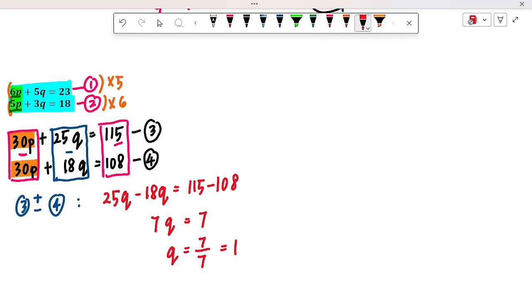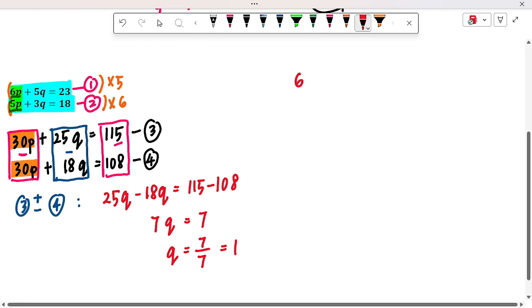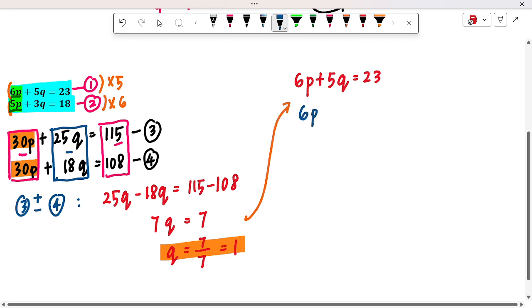So let's say we are taking equation number 1, 6p plus 5q equivalent to 23. So your q is 1. We are going to substitute this answer q equals 1 here, which will give you 6p plus 5 times 1 equivalent to 23. 6p plus 5 equivalent to 23.